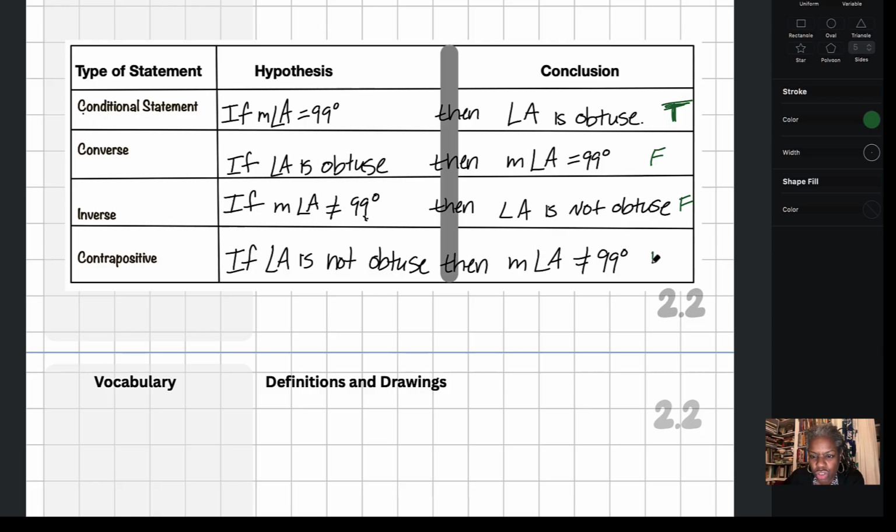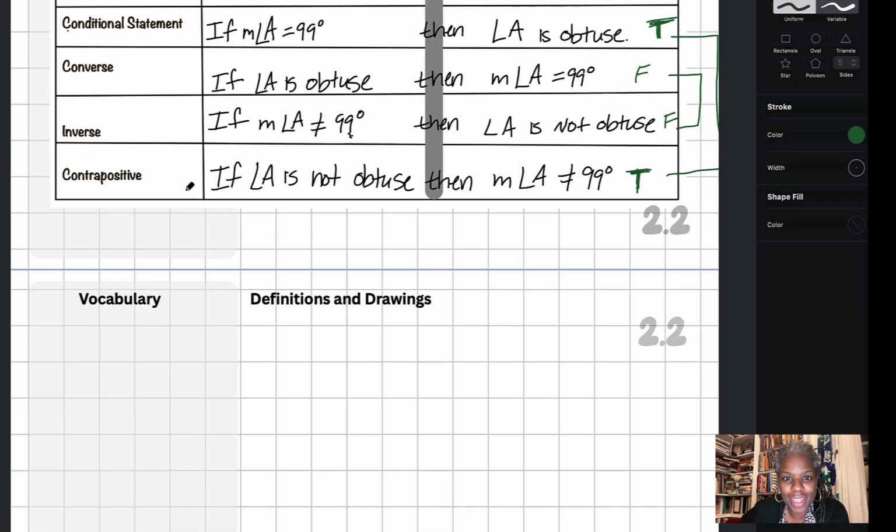And that's true. What we want you to notice is that there's always going to be a relationship between the converse and the inverse and the original statement and the contrapositive. So what I want you to get out of this is something really important.